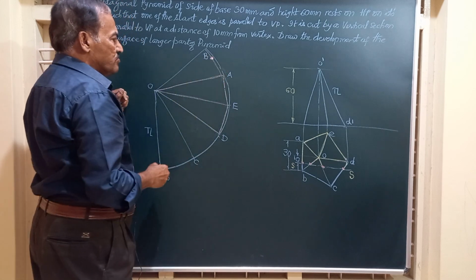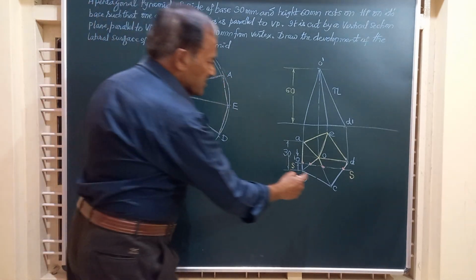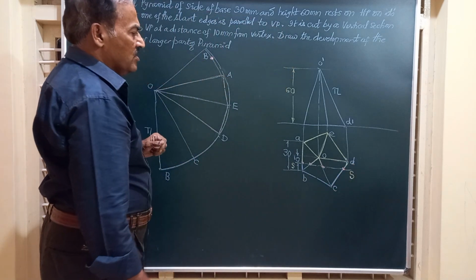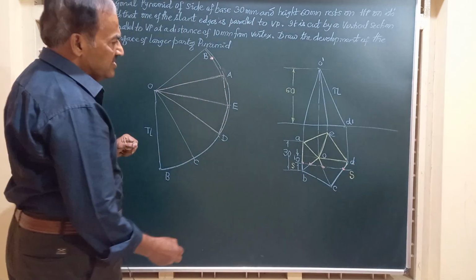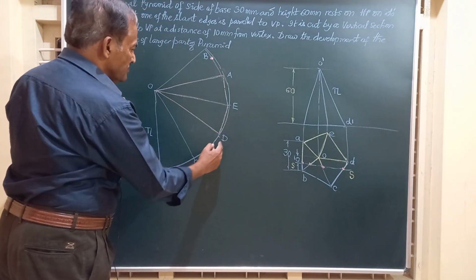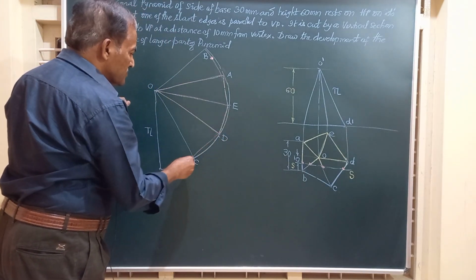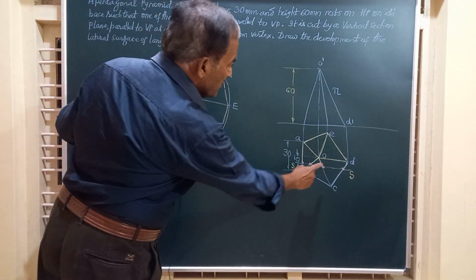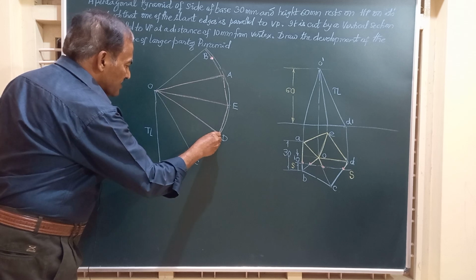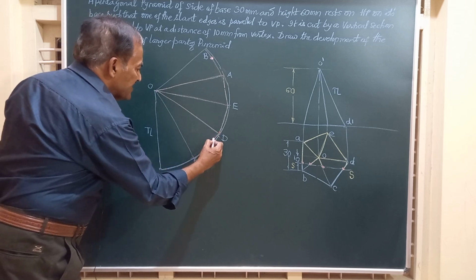This is one such point. Similarly on CD, the base edge, you have this measurement nearer to D. Nearer to the point D, we have one more point on the base. So I will take this point.